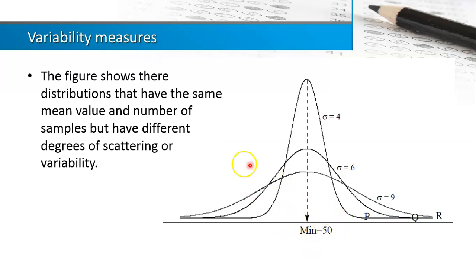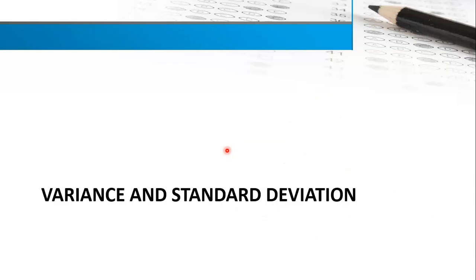Since the variability or the scattering is different, you can see that they are actually different distributions. The samples are different in a way that they are not telling us the same information. So the measure of variability is very important to tell us how we can interpret the data later on.